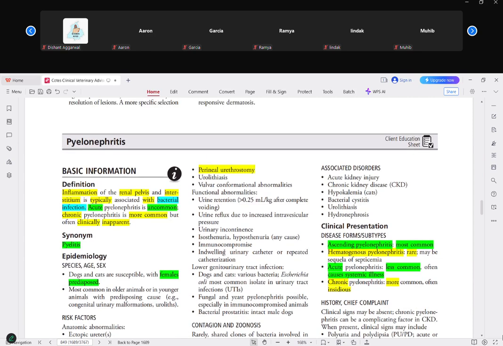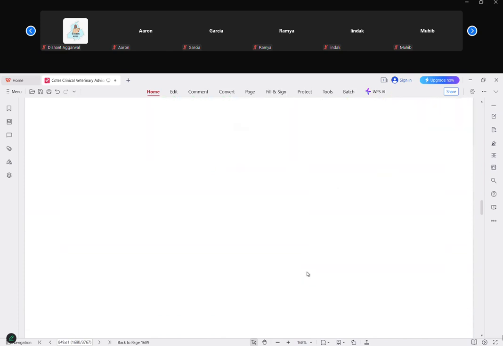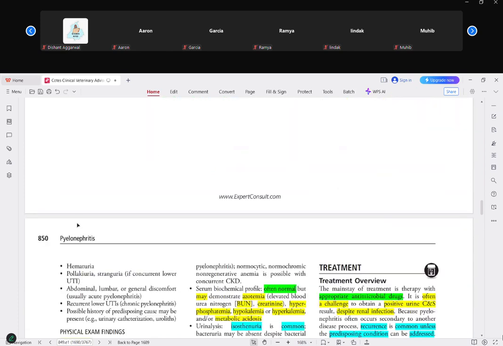Coming toward the clinical presentation of pyelonephritis, you are going to find ascending pyelonephritis. Most of the time, it's very rare to find hematogenous pyelonephritis. Clinical signs are the same as CKD: polyuria, polydipsia in chronic pyelonephritis, and malaise in acute pyelonephritis.